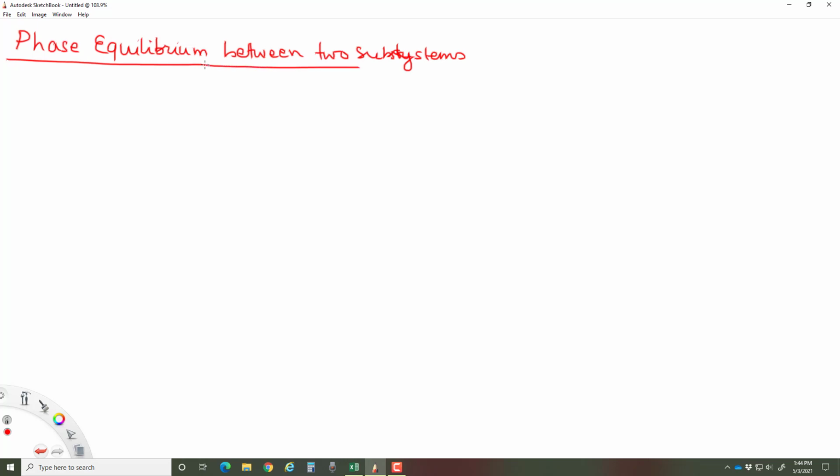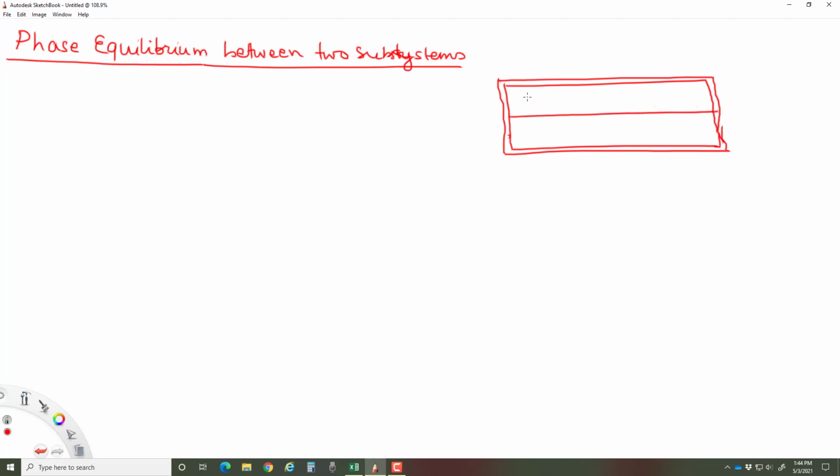So let's consider that we have two subsystems that are enclosed by an adiabatic wall. So that's the adiabatic wall, and this is the partition between the two subsystems.